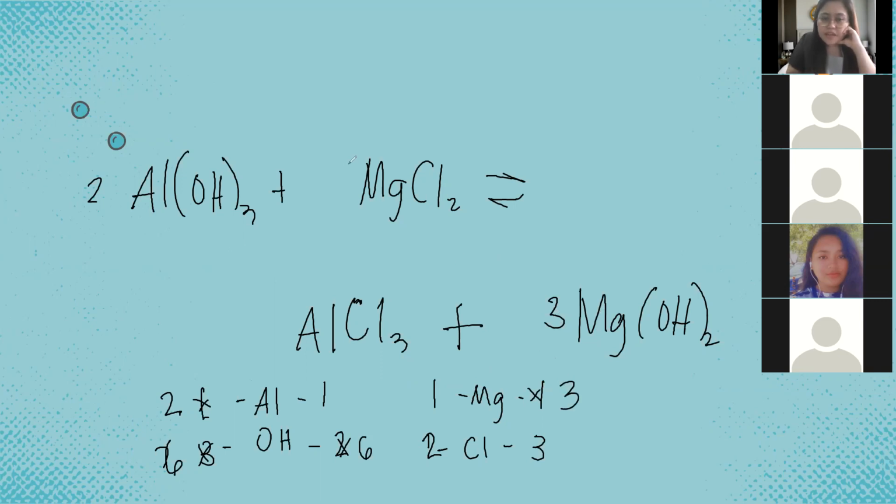So I'll place 3 here so that magnesium will also become 3. And 3 times 2, this will become 6. So aluminum, I'll place 2 here para sa product na side, mahimo siya 2. Yeah, 2 times 3, this will become 6 also. So that is how you balance a chemical equation.